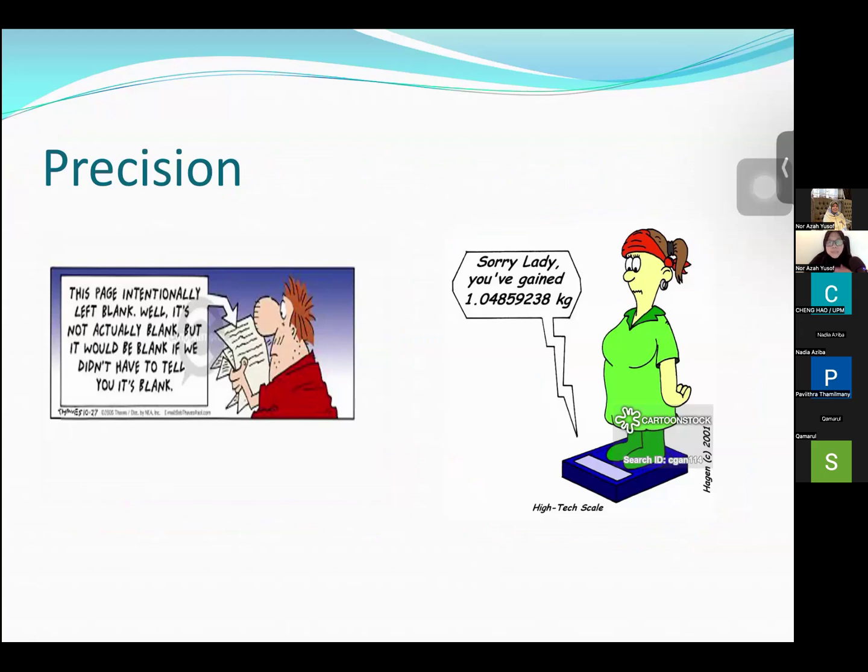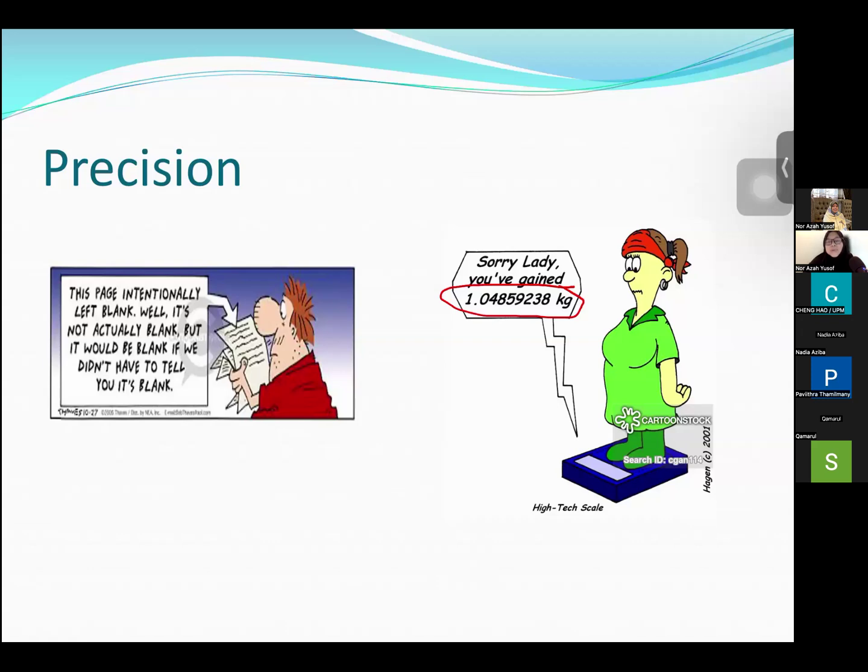So precision, yeah? Precision is how precise we can be. So if you can see here, if it is based on decimal points, if it is based on significant figures, you can see that it is very precise.